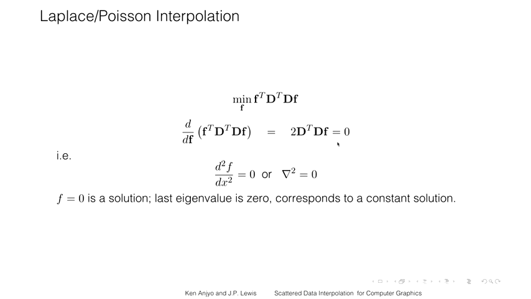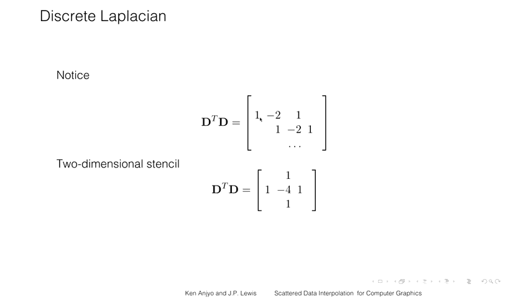You can do derivatives on matrix vector expressions, and the rules are actually quite similar to regular scalar derivatives. And you come out with this, so hold this in mind for the next slide. D transpose D is quite remarkable.